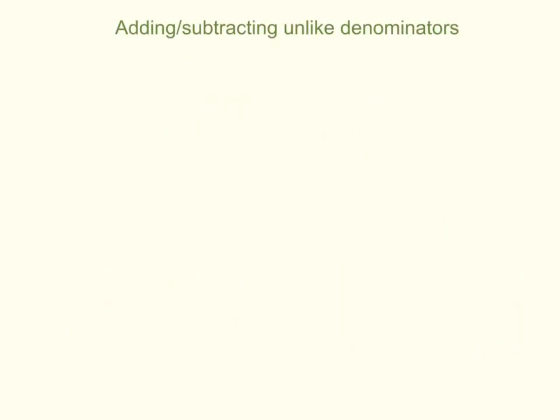Let's take a look at how we add or subtract unlike denominators in fractions. So if we have an example of 1/4 minus 1/8, you can see that the denominators are not the same. So we want to get them the same. To do that, sometimes you only do something to one number and try to make it become the other number, which you could add, subtract, multiply, or divide.